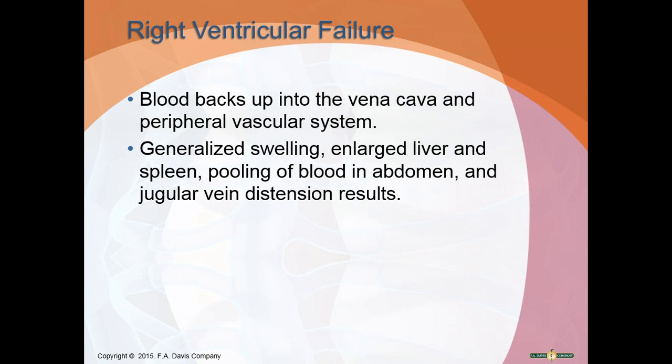When the right ventricle fails, it falls behind in ejecting all the blood it receives from the systemic circulation. Blood backs up to the vena cava throughout the peripheral vascular system. So you're going to see swelling throughout the body, enlargement of the liver and spleen, pooling of fluid in the abdomen, which is called ascites, and distension of the jugular veins. Failure of one ventricle places an added strain on the other ventricle. Eventually, both ventricles fail.